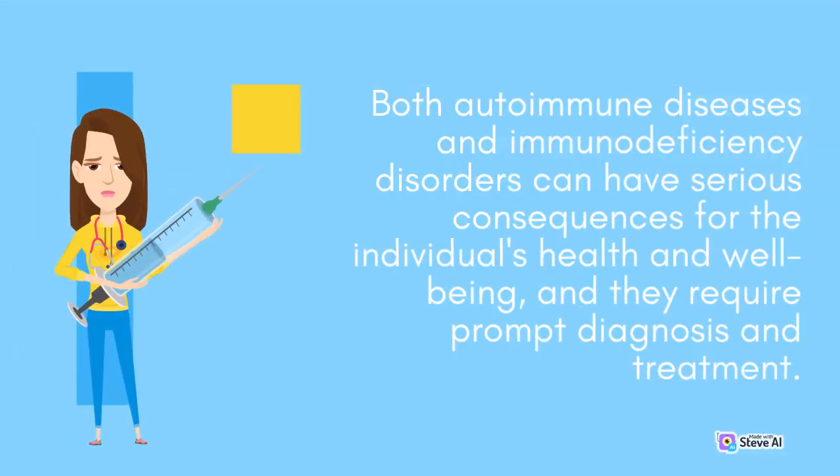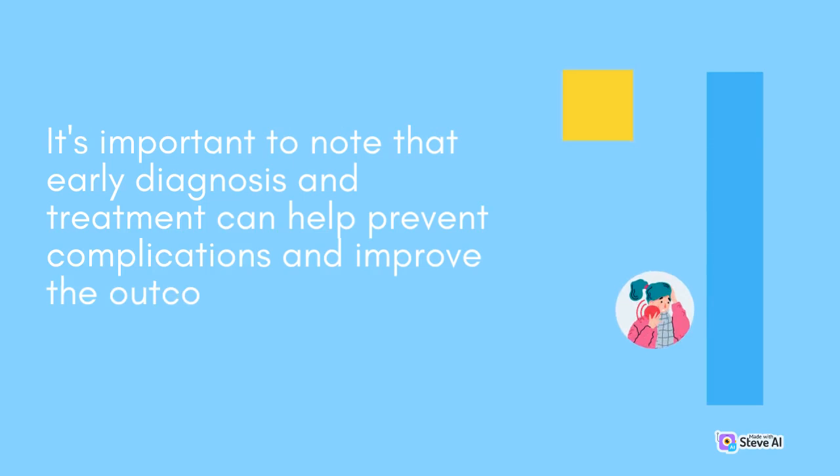Both autoimmune diseases and immunodeficiency disorders can have serious consequences for the individual's health and well-being, and they require prompt diagnosis and treatment. It's important to note that early diagnosis and treatment can help prevent complications and improve the outcome of these disorders.